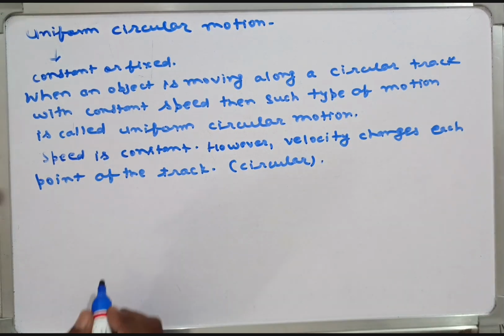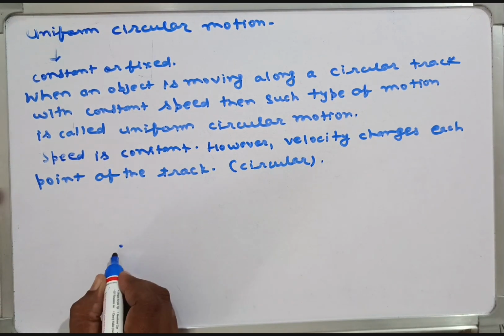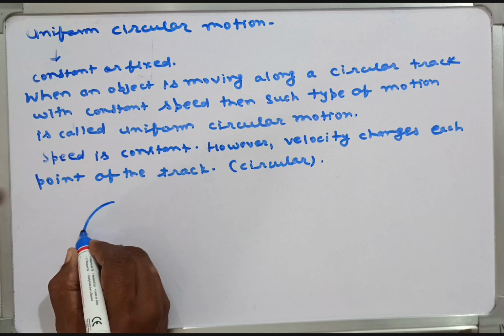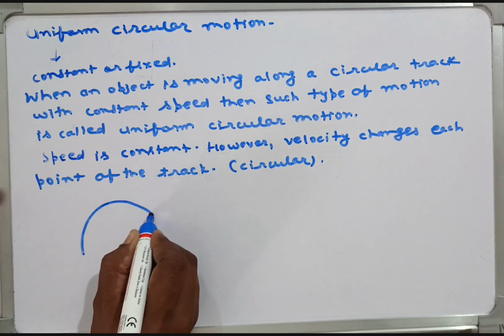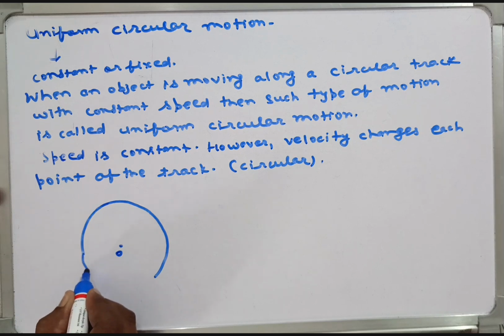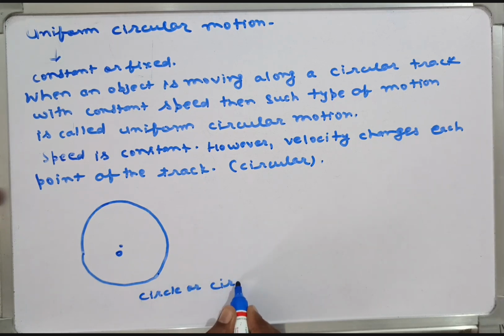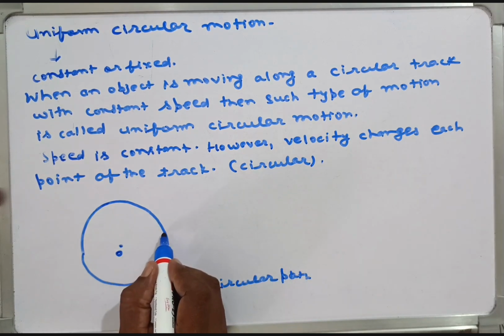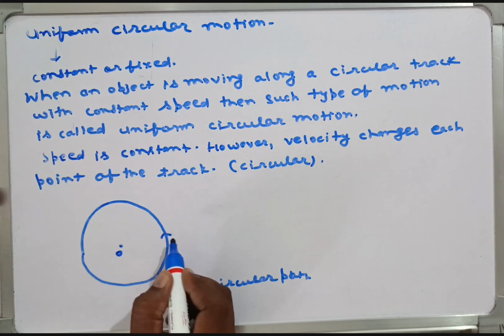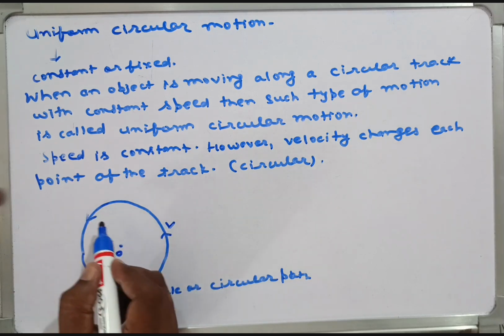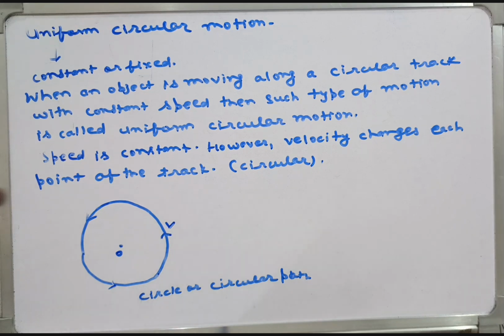Now see, suppose this is a fixed point, say O, and a particle or object is moving equidistant from this fixed point, then this path is known as a circular path. Now suppose the object is moving here with a speed of v along this circular track.